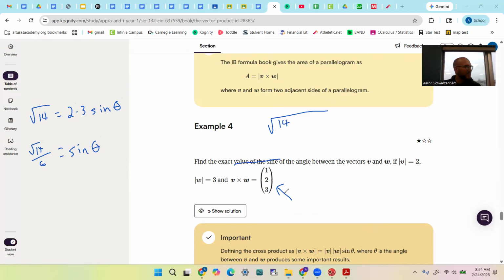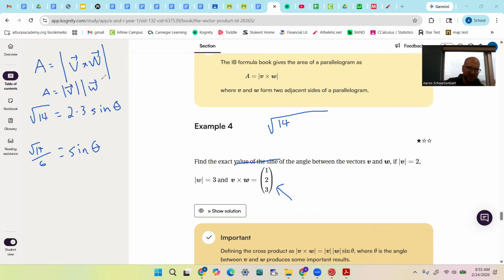Magnitude of the cross product is the area. So area equals magnitude of cross product. Area also equals this.